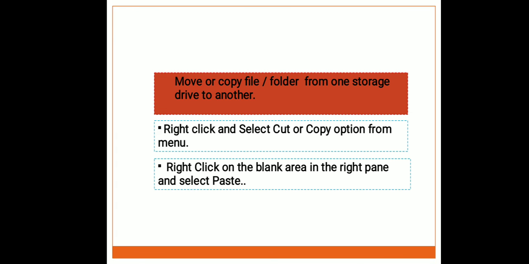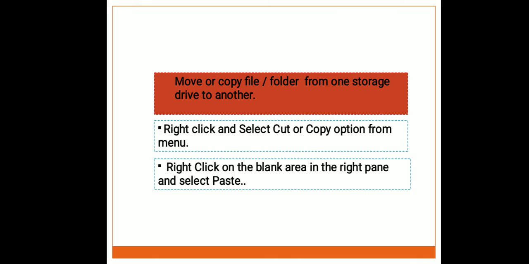There is another way, if you want to move or copy a file or folder from one storage device to another device. For example, if I want to move a file from D drive to a flash drive, your pen drive, how will you do this? You just need to attach the pen drive to the computer.